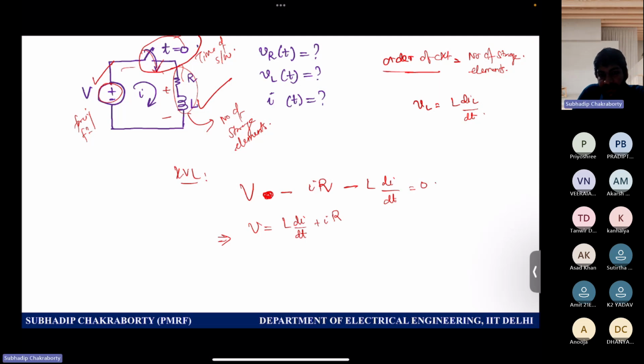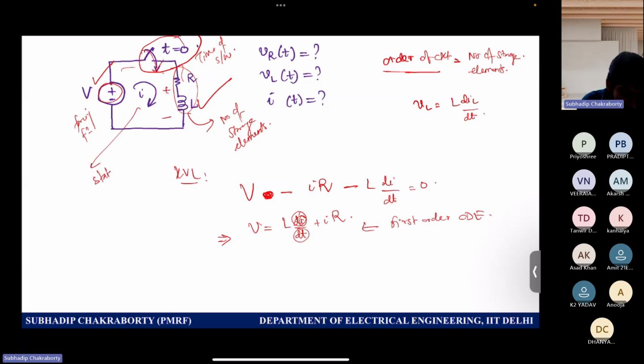Now the rule is to solve ordinary differential equations. It is a first order ODE. Why first order? Because the differentiation is only done once over this variable I. So the variable is I. In electrical engineering, we also call them state variables. The I_L and V_C are known as state variables. They are the variables upon which the ODEs are formed.